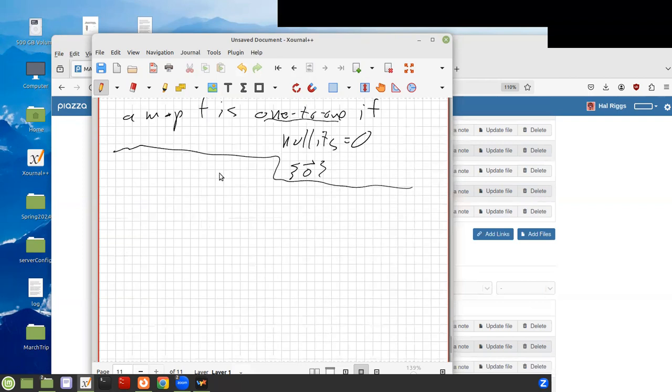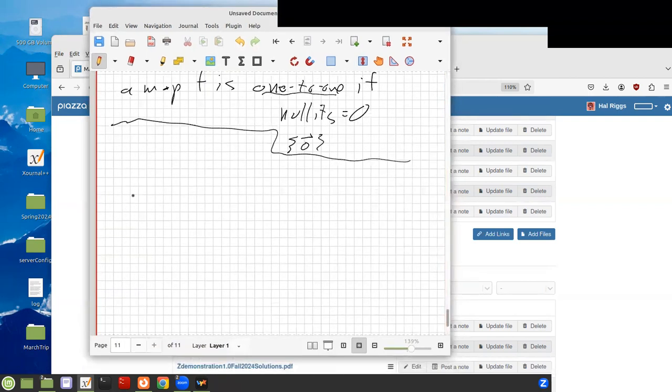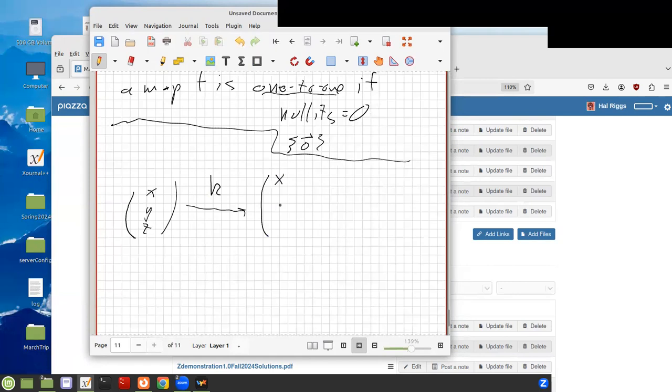Okay, so let's practice this. Here's a map H. So the question is, what is the range space and the rank, and what is the null space and the nullity?